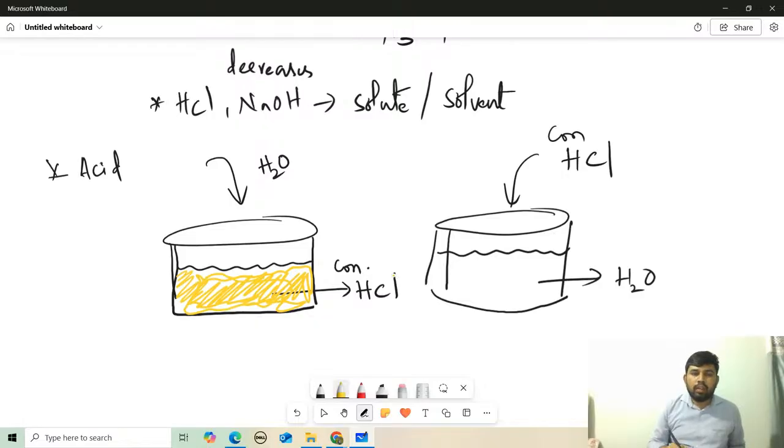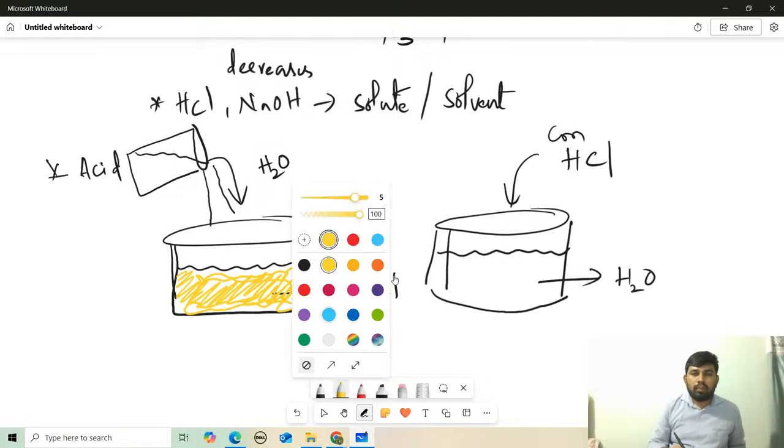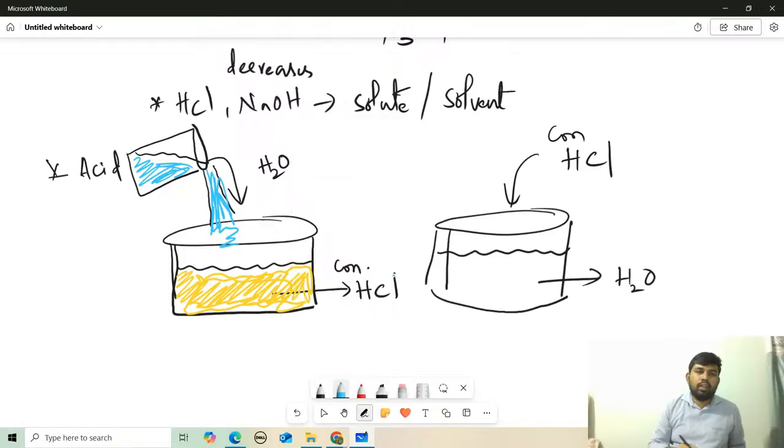We are adding water. Think like it's full of water, and we are pouring water. This is one diagram.